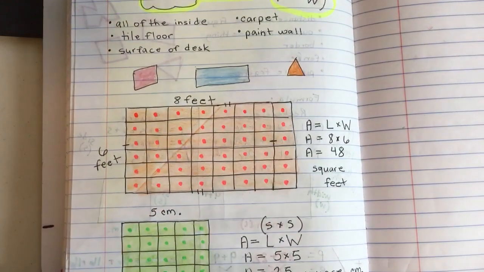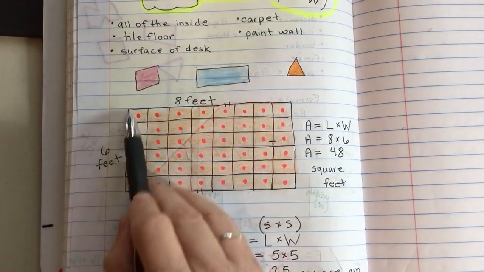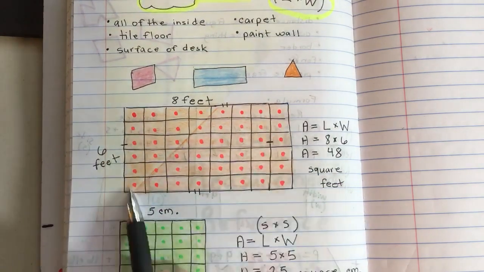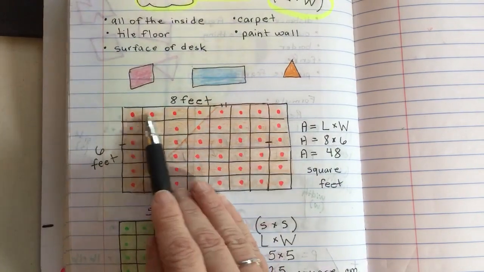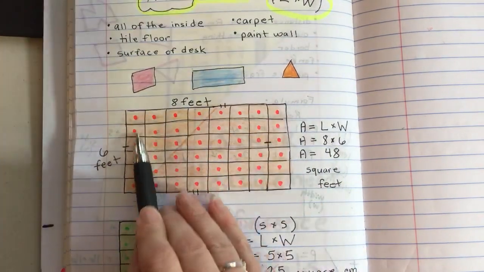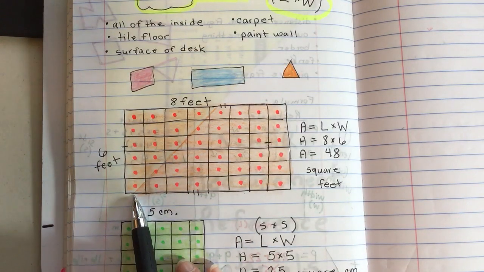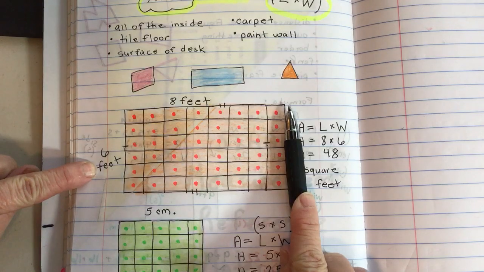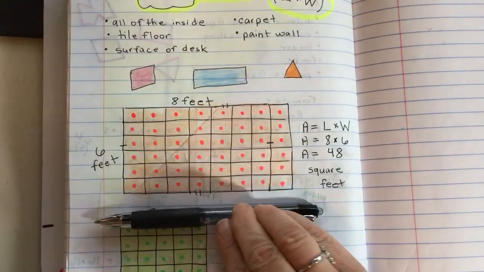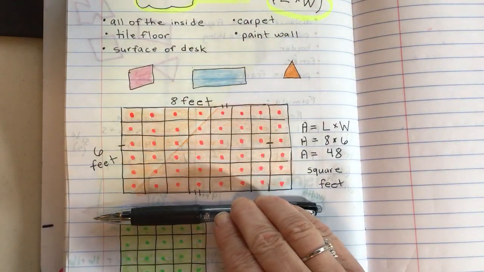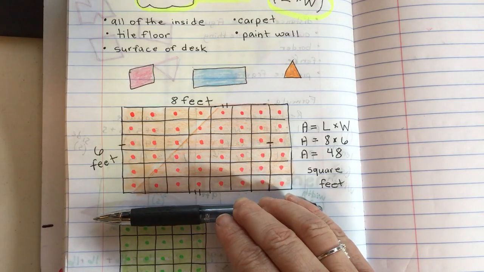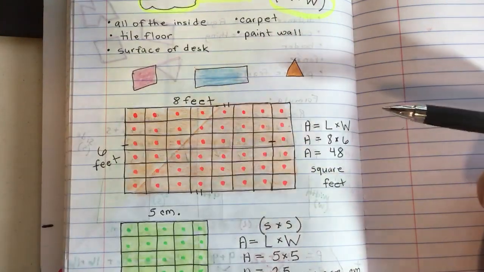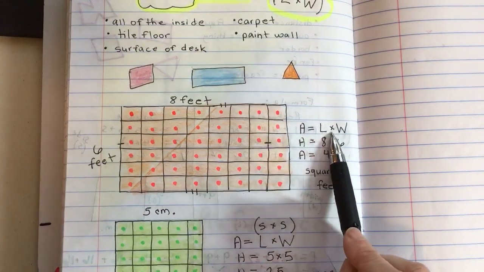So we drew a 6 foot by 8 foot rectangle. We did 8 feet across, and we did 6 feet down. We know that if a rectangle is 6 feet on one side, it's also 6 feet on the other. If it's 8 feet on one side, it's also 8 feet on the other. But for area, we are not adding together, we are multiplying. Area is the length times the width.